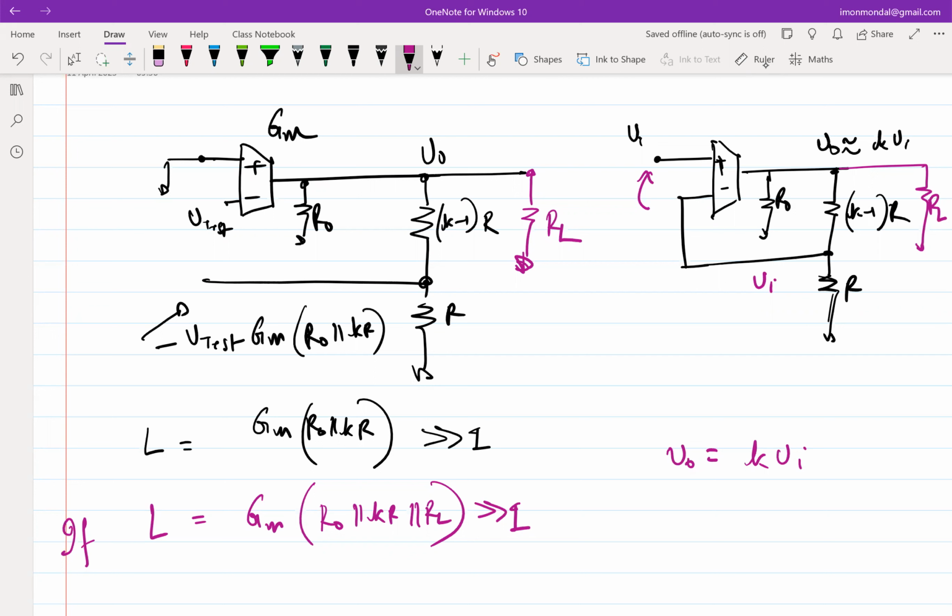Right, exactly. As long as you can keep the loop gain high enough, V0 is independent of RL. That's what it means. And this is what we are after from the beginning of this course. We are making an amplifier, and a good amplifier should be independent of what it is driving.